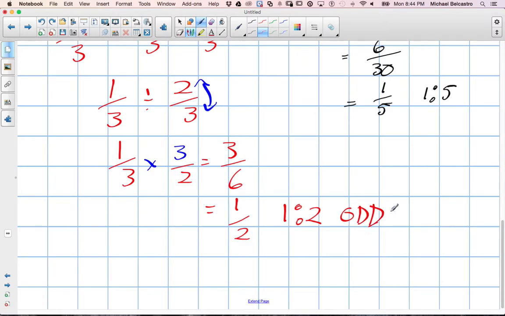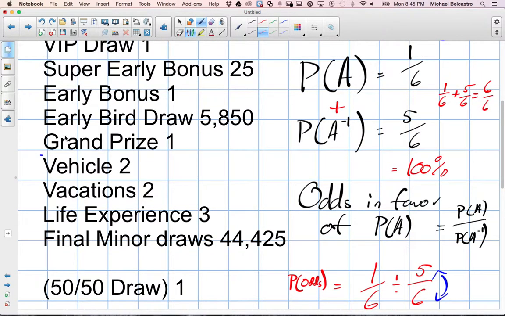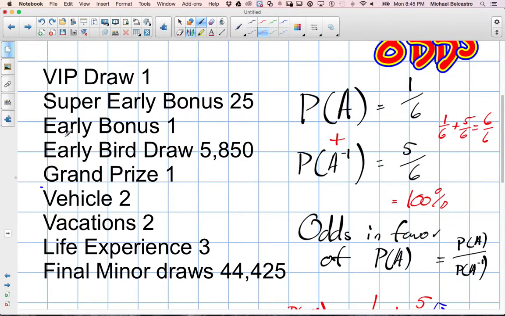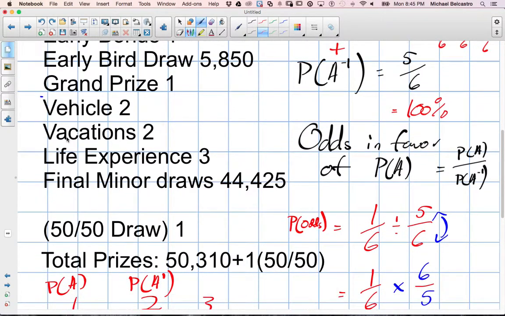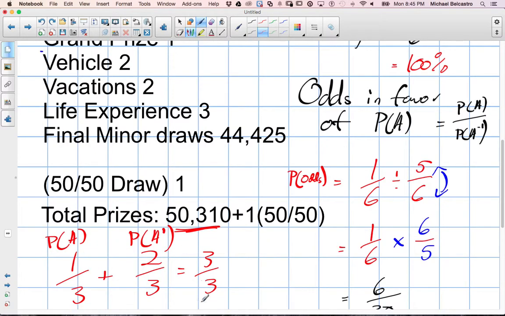So, not quite a 50% chance of winning. In fact, your chance is more like 33%. Think of it as if there are 3 total outcomes, because we said the odds in favor are 1 in 3 and odds against are 2 in 3. 1 plus 2 is 3, like 3 total tickets.